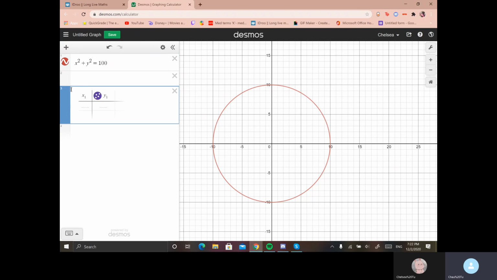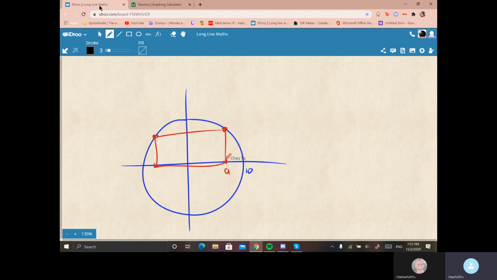Okay, so well, wait there. Before you go to decimals, Chelsea, jump back to the drawing. What are the coordinates for this point here? Right here, Chelsea.